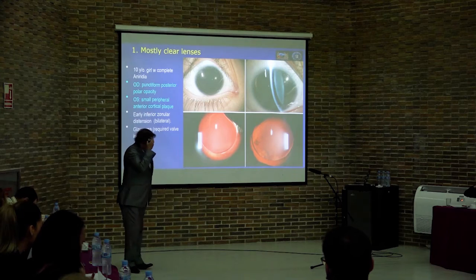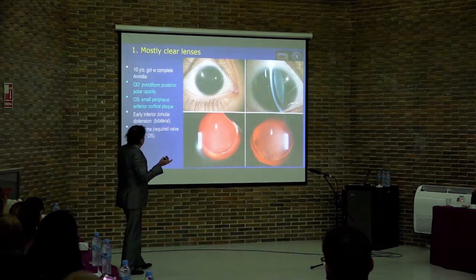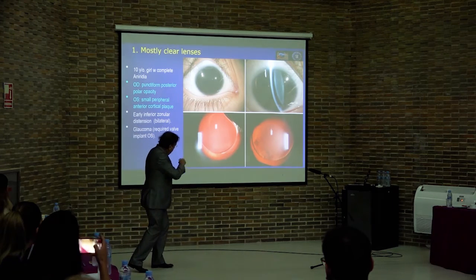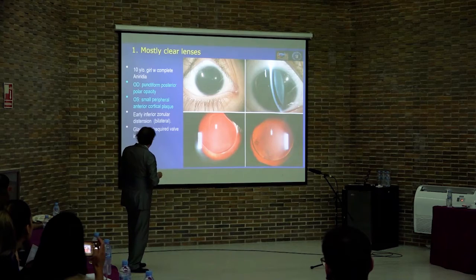From the transparency point of view, we can have mostly clear lenses, which, if you look, always have a little bit of opacity, like in this 10-year-old girl, with a little point only in the posterior polar region. Or in this other case with early inferior opacities, which is normally associated with early inferior distension or early subluxation.